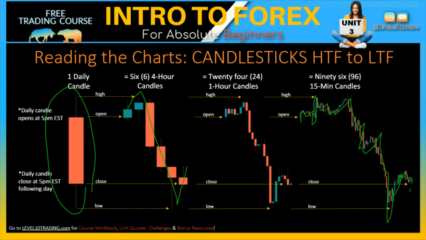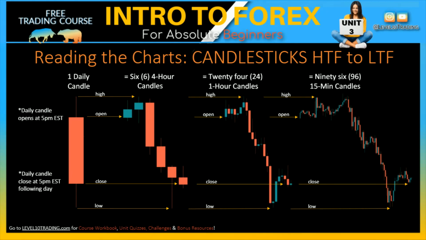That's not the way it works. It kind of ebbs and flows. It's always putting in lower highs and higher lows and lower lows, and price is making pullbacks and impulse moves on every single time frame. And so that is something that you are going to have to get familiar with.